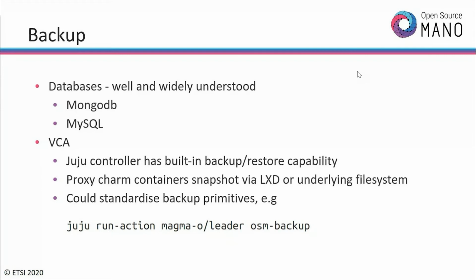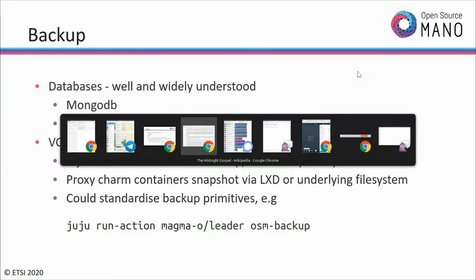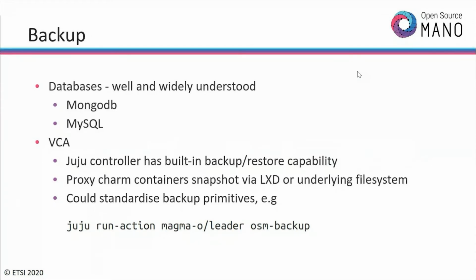I'm basing this on the assumption that we are using the upstream charms to deploy OSM. So you'll just run an action to restore that into the component that you're seeing. Don't know if that answered your question, Mark.